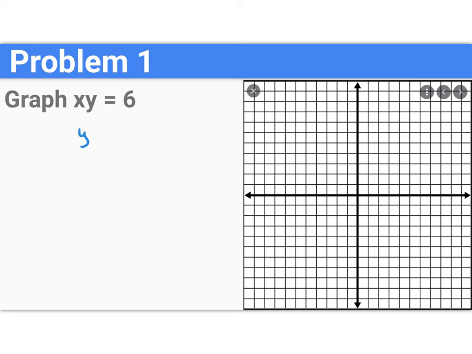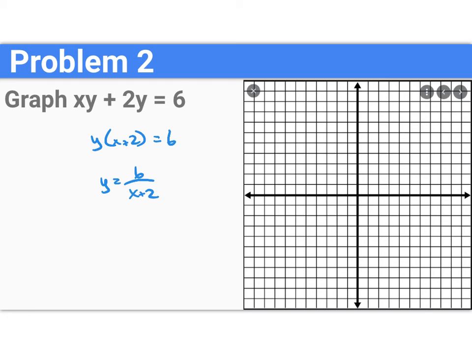Okay, so y equals 6 over x. We all know that that looks like that, with our horizontal and vertical asymptote being on the x and y axis. Okay, so same thing here. Factor out y, you get y times x plus 2 equals 6. Y equals 6 over x plus 2.